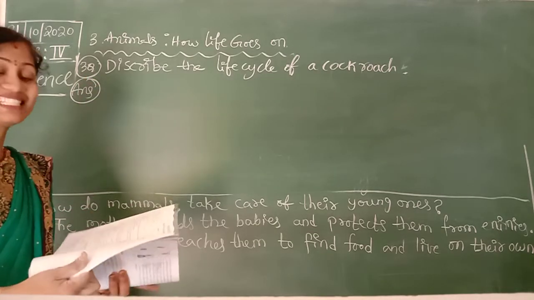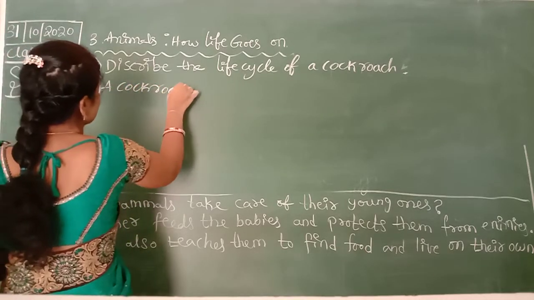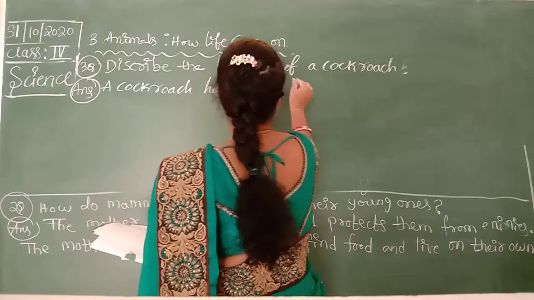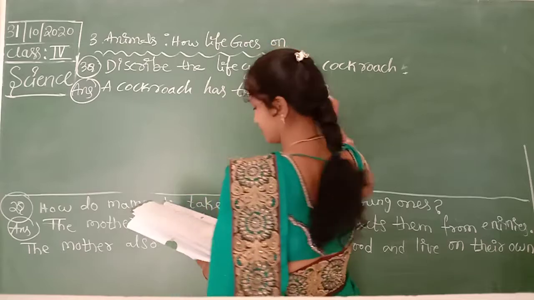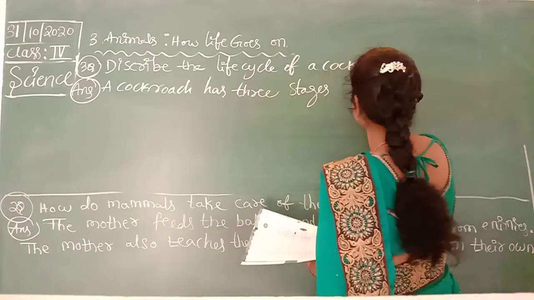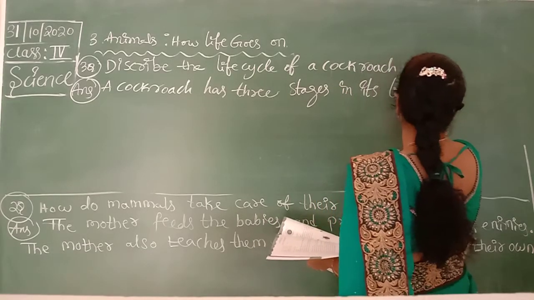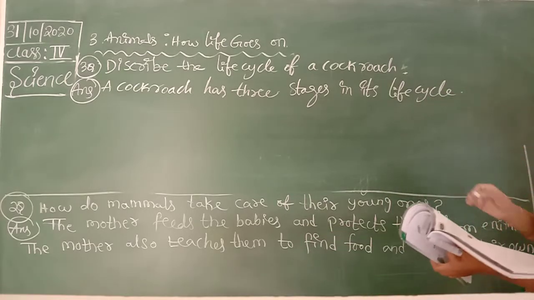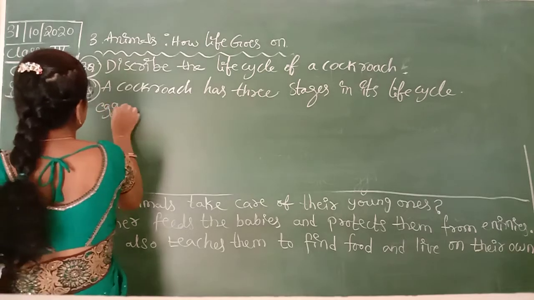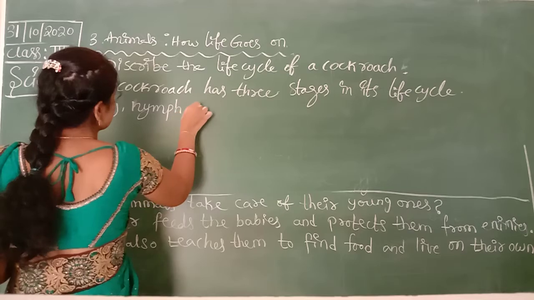A cockroach has 3 stages in its life cycle. Egg, nymph and adult.